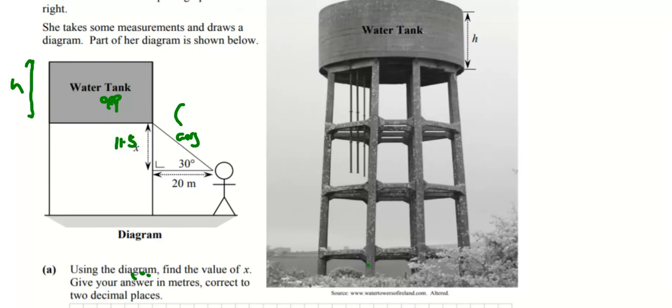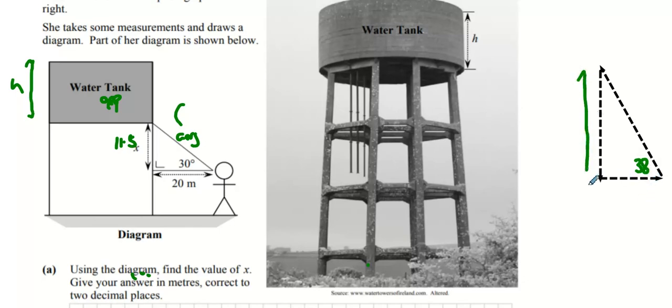Now I'm going to construct another right angle triangle, looking up to the top of the tank. We take this triangle over to the right, where the angle is 38 degrees instead of 30 degrees.